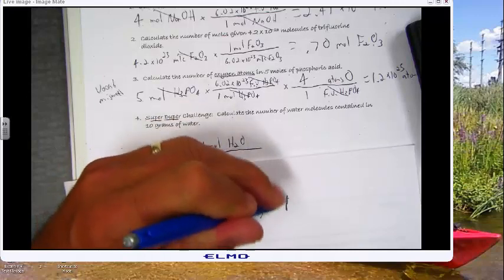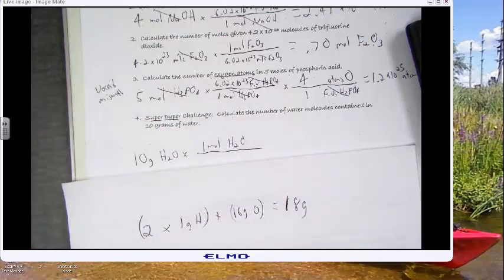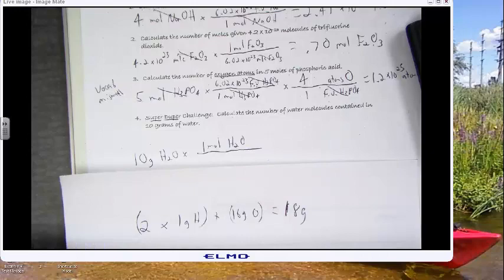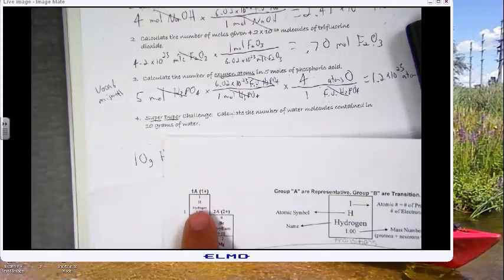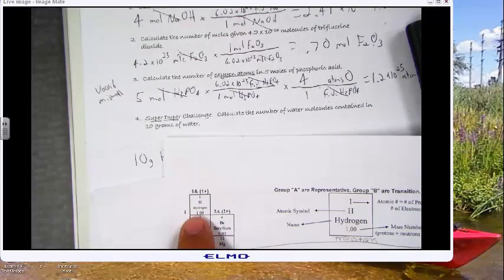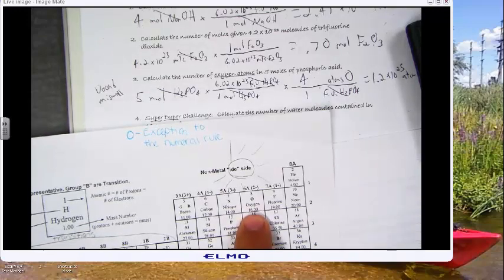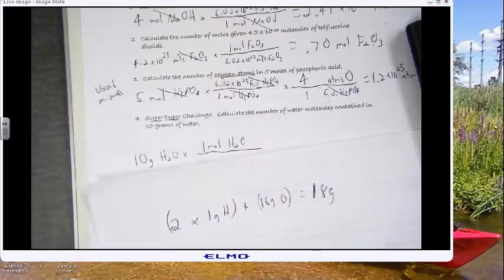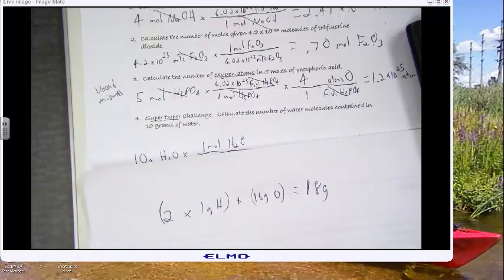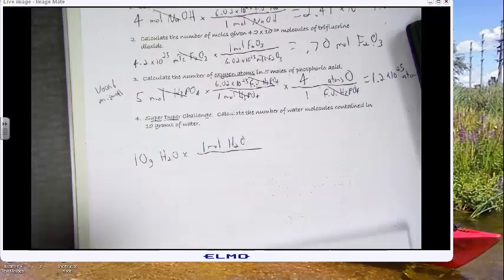That equals 18 grams for a formula mass. Where did I get the 1 and the 16? From the periodic table. The gram atomic mass of hydrogen is 1. The gram atomic mass of oxygen is 16. The gram molecular mass of water is 18 grams.